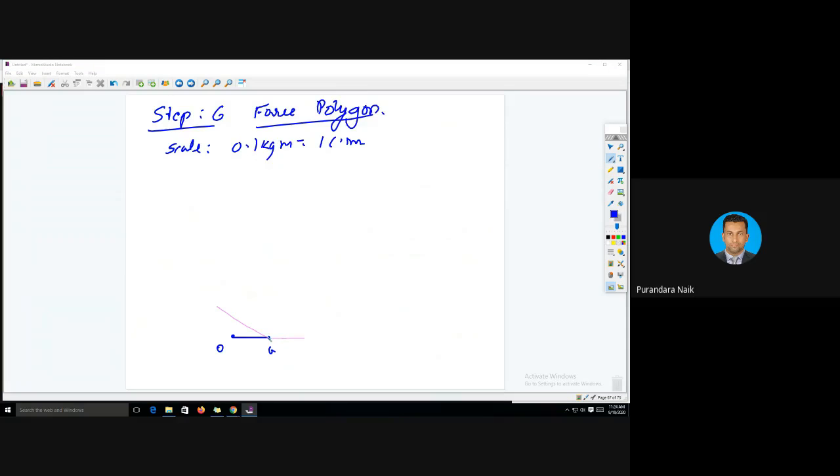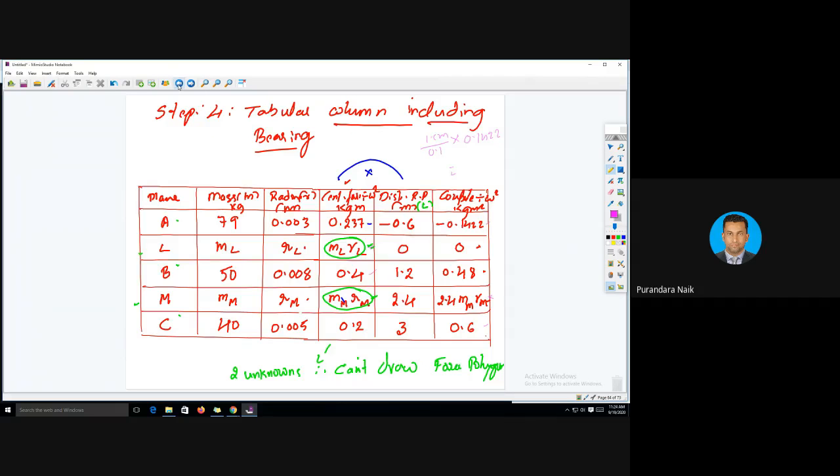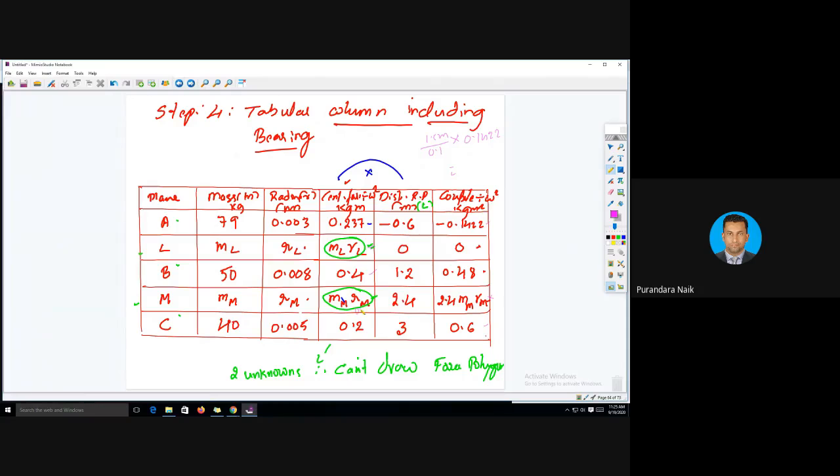This is actually 0.237, and this is actually 0.4. The corresponding angle is theta B, 154 degrees. Next, the reference line. What is the next? Next one is mmrm, we are getting 0.2.